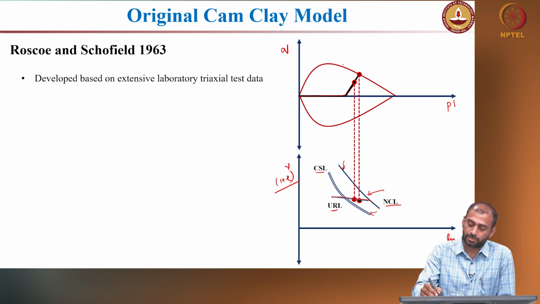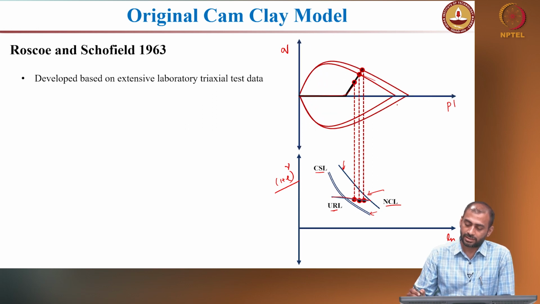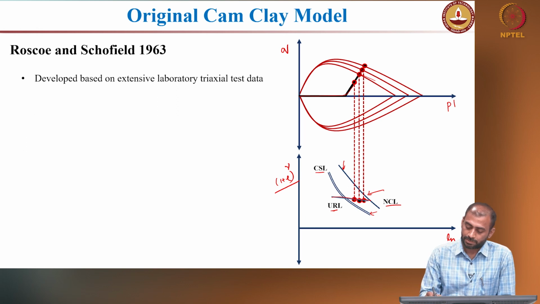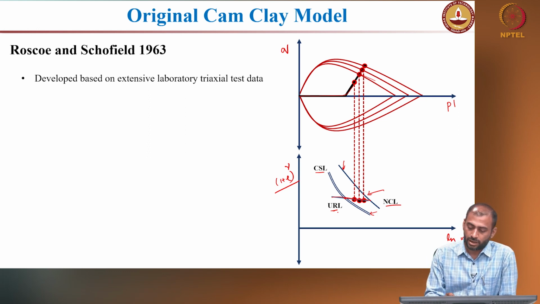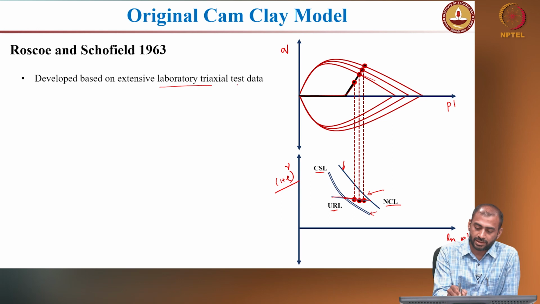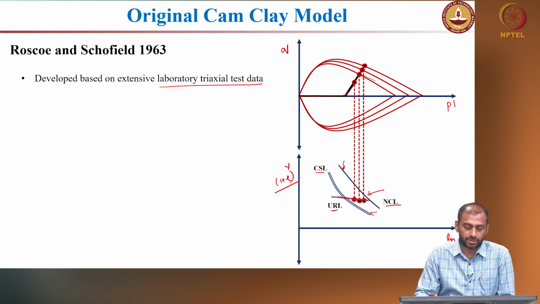As you start shearing further, you reach this yield surface, and it starts expanding, right. Once it starts expanding, the volume or void ratio also decreases and reaches the critical state, right. This is a typical response that has been observed using extensive triaxial test data by Roscoe and Schofield, right.